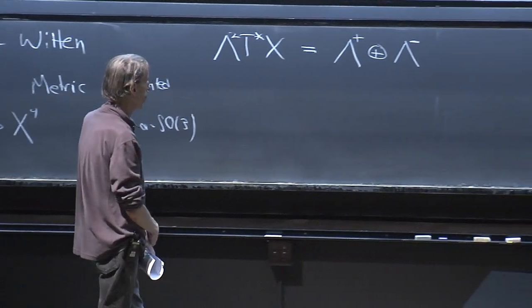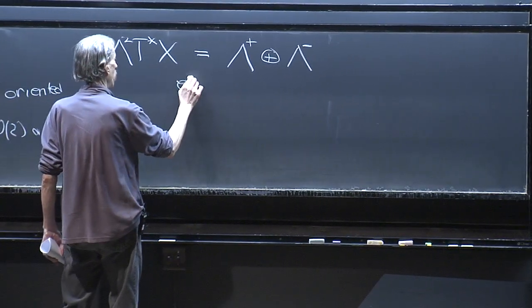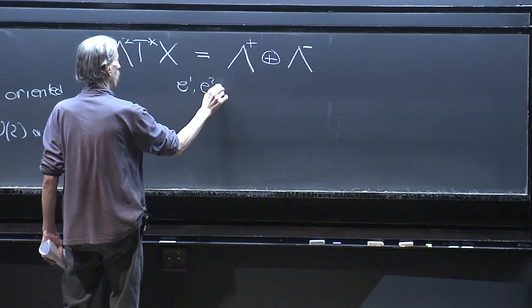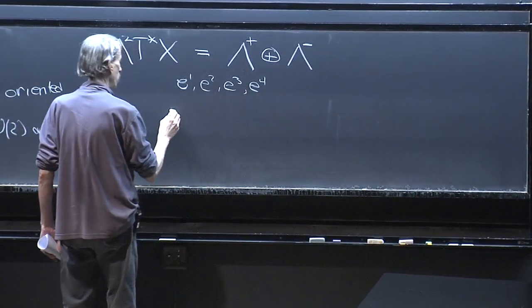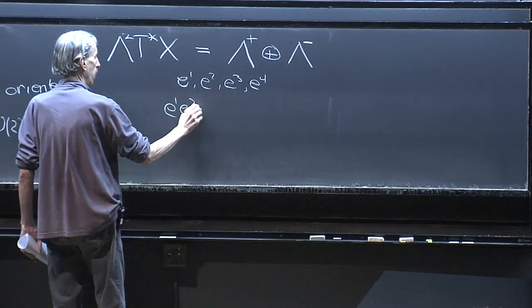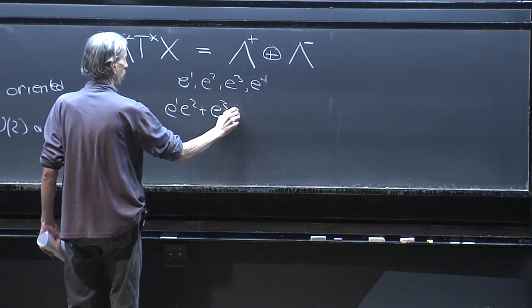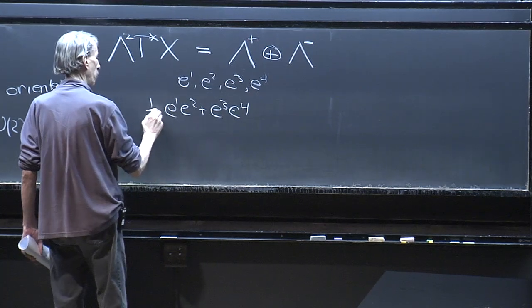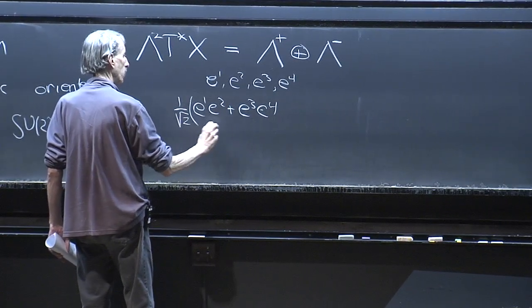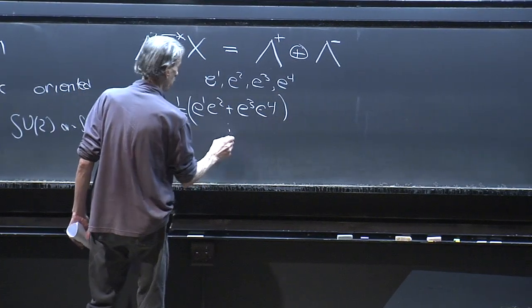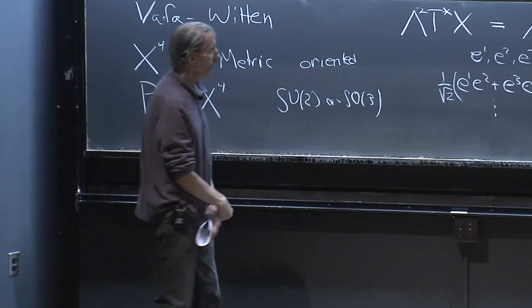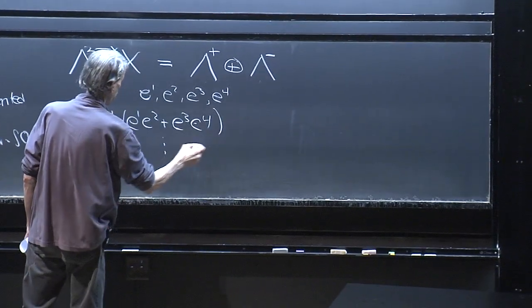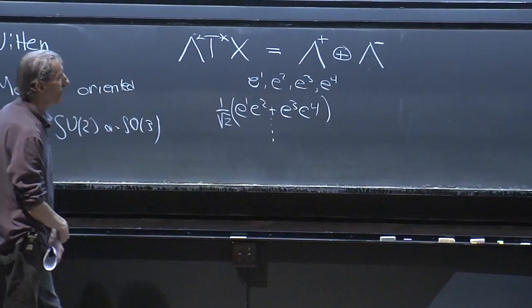So for example, if I were to take an orthonormal basis of 1 forms at a point, then these guys would be spanned by things like this. And you get the rest by cycling 1, 2, and 3 around, and then these guys would be spanned if you put a minus sign there.